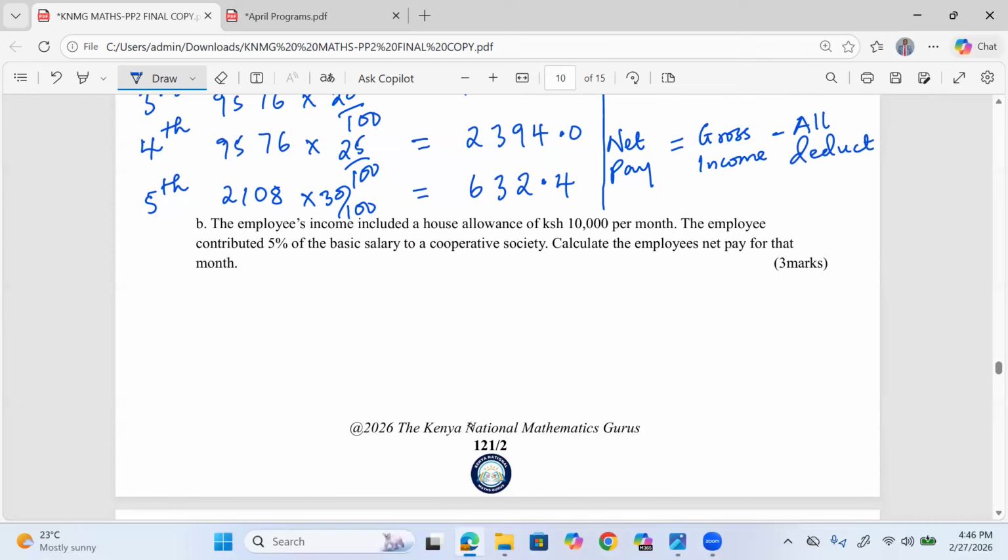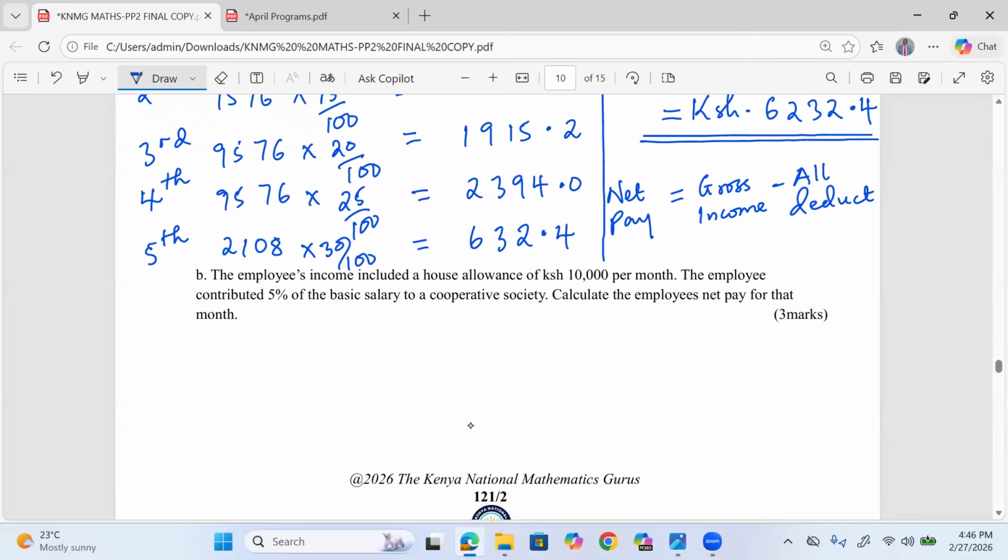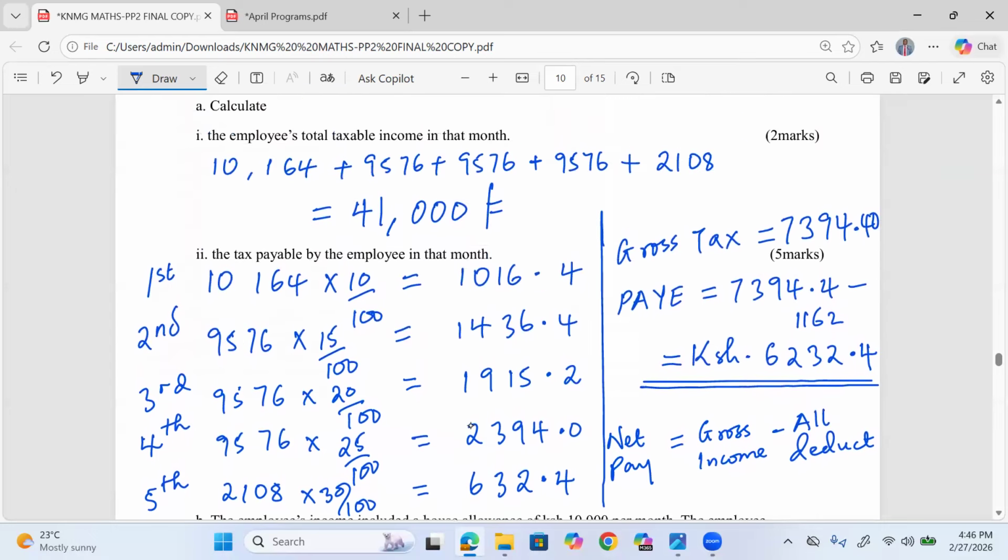So can we first work on all the deductions? But another thing that you're supposed to know is that this guy is contributing 5% of the basic salary, a basic salary that we don't know. So can we say this?